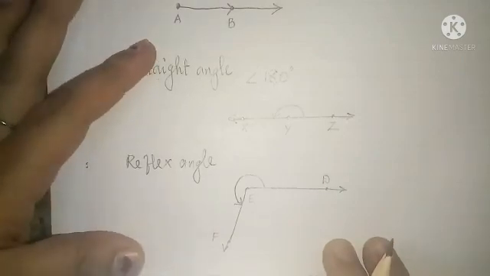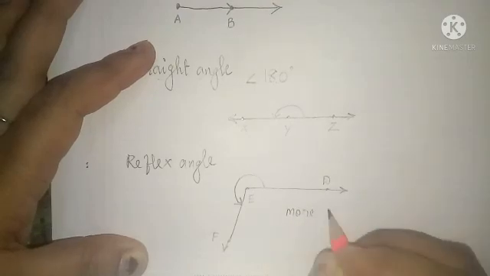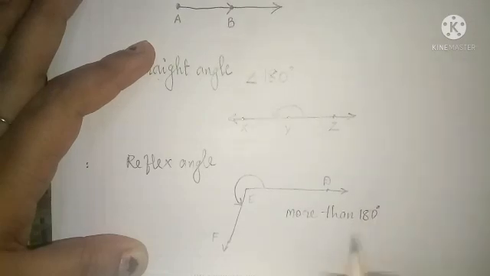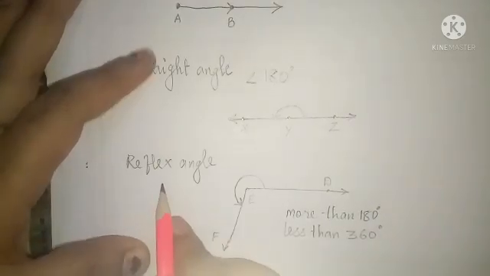An angle whose measure is more than 180 degree but less than 360 degree is known as a reflex angle.